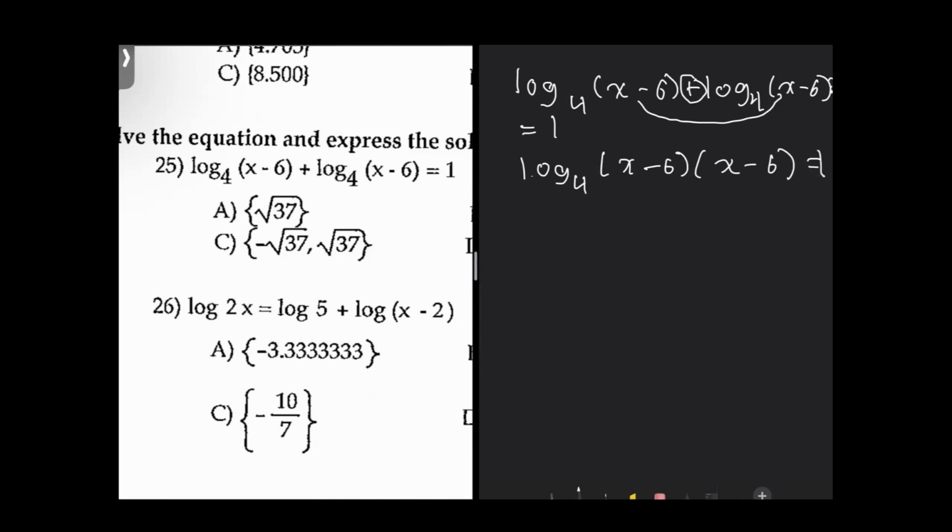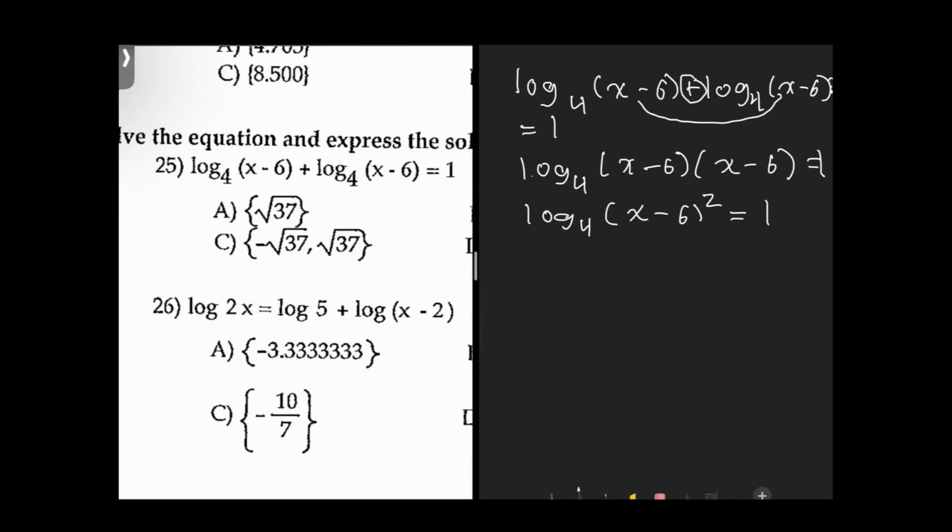Now x minus 6 times x minus 6 could be written how? Well, it's happening twice. So we could rewrite it as x minus 6 raised to the second power equals 1.